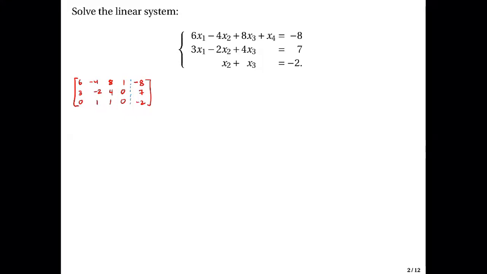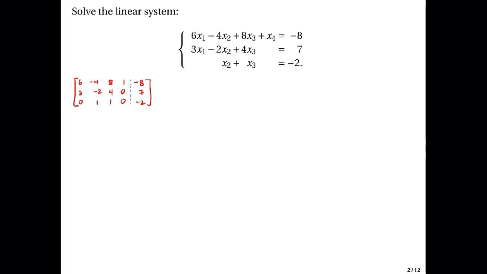When we do the reduction to reduced row echelon form, we will specifically write the row operations used, the elementary row operations used. So in the exam, you should also do that. So let's start with this.